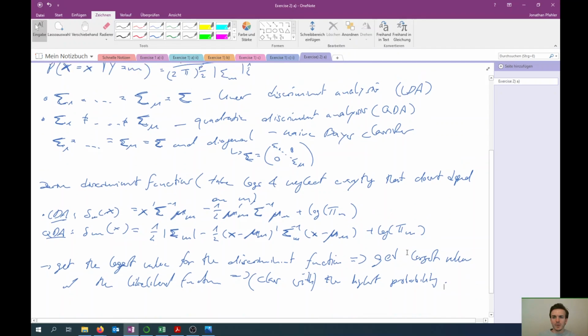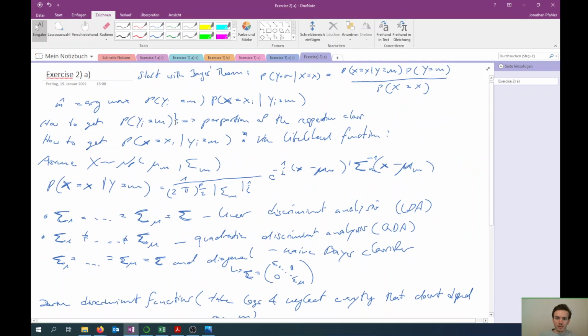And that's what we want to find out in the end: which class is most likely for a given x.